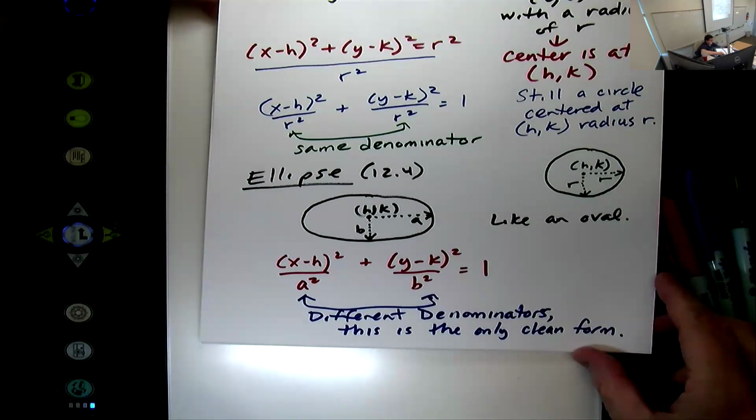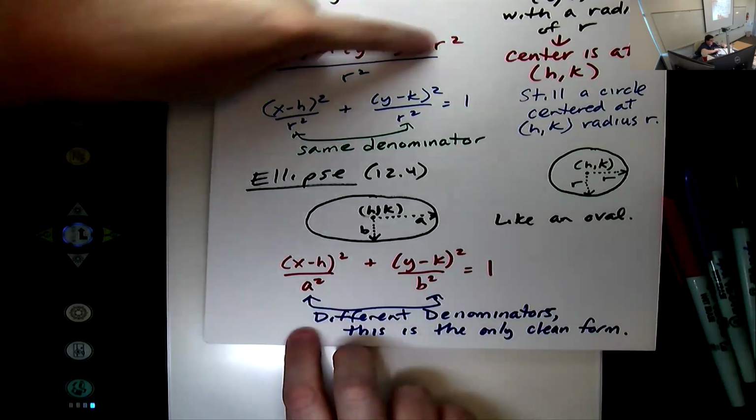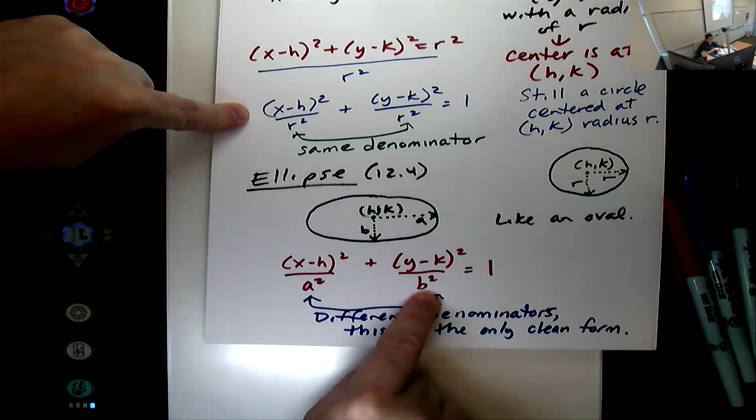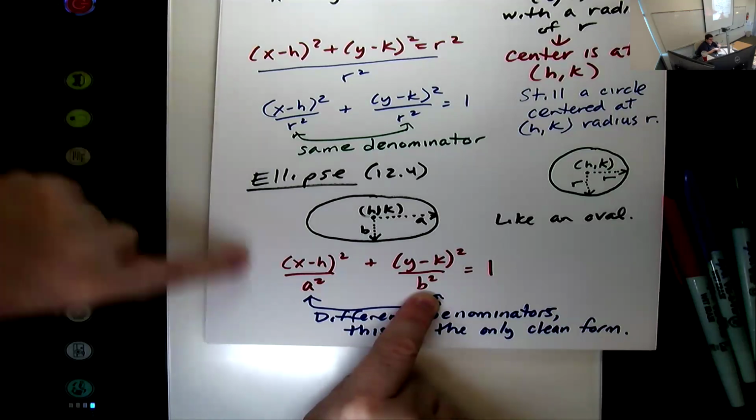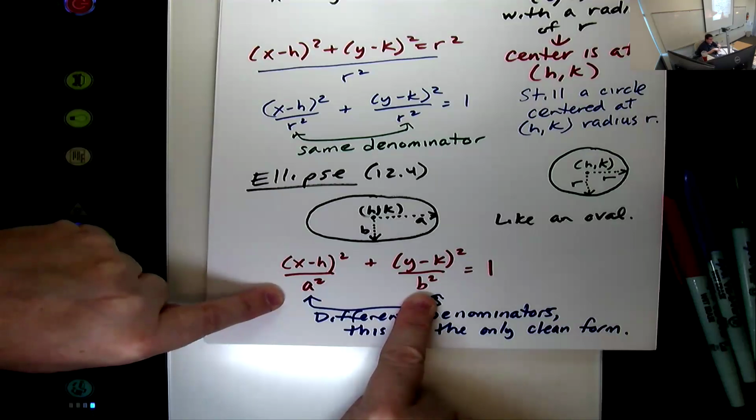The midpoint formula is x1 plus x2 over 2 and then y1 plus y2 over 2. This looks nothing like that. If a squared equals b squared, the ellipse would be a circle. That's the only difference. If the denominators match, this becomes a circle.